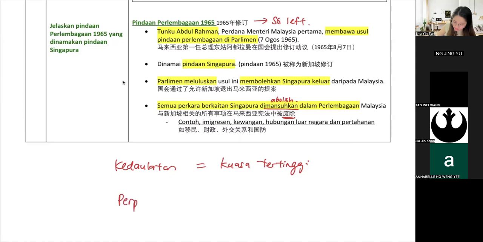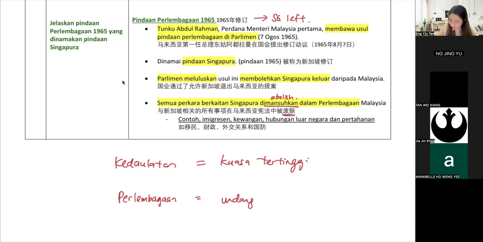Perlembagaan. Perlembagaan means what? Perlembagaan means the law. So you need to tell me the meaning of undang-undang tertinggi. And then you need to tell me the sejarah background, the history background. When we talk about the law, back then everything was Undang-Undang Melayu.